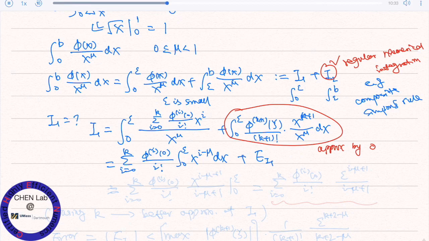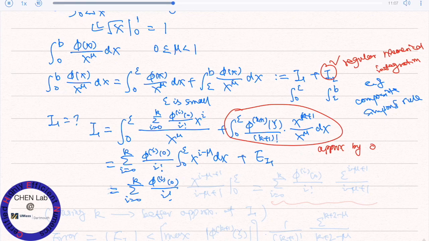Okay, so this we can compute because we know how to integrate it: from 0 to k of phi i at 0 over i factorial, and x to the i minus mu. This antiderivative works because i is at least 0, and mu is given to be larger than 0 and less than 1.